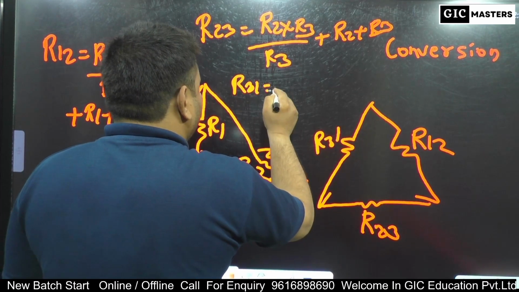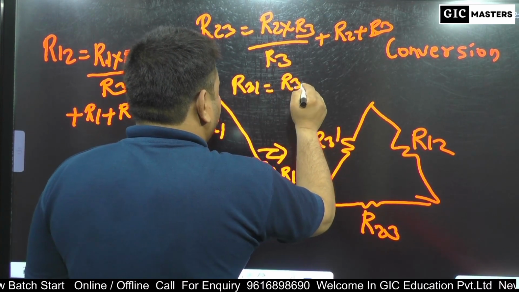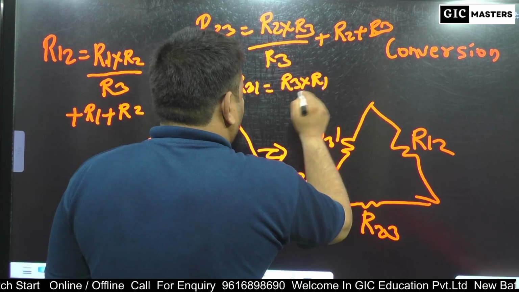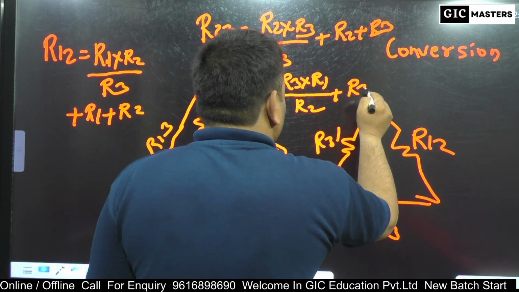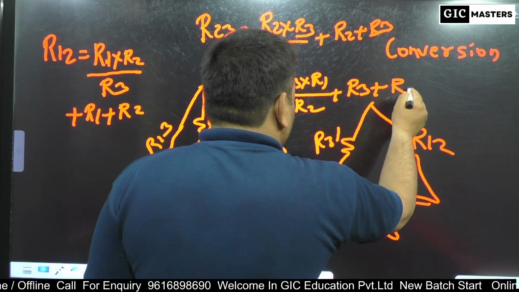R31 equals R3 R1 upon R1 plus R2 plus R3.